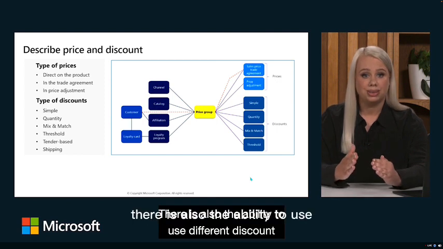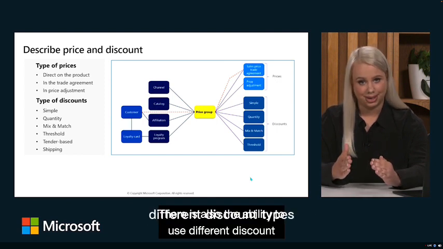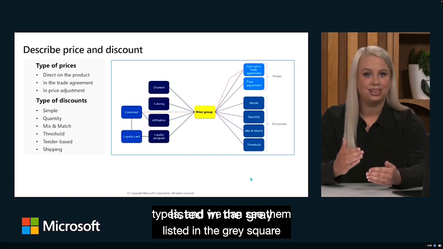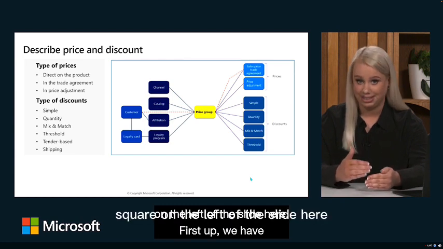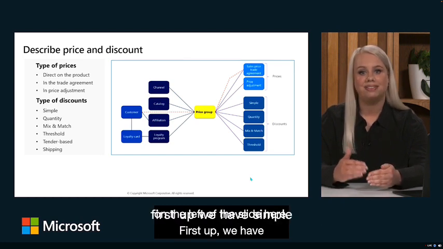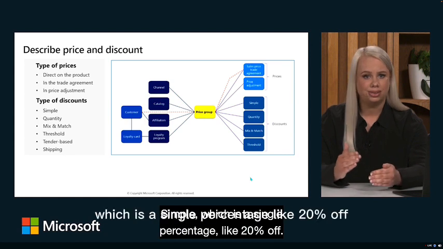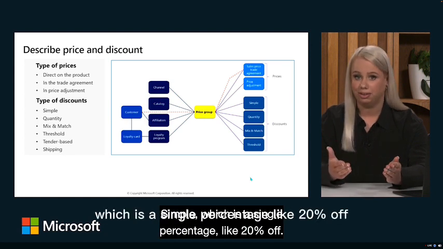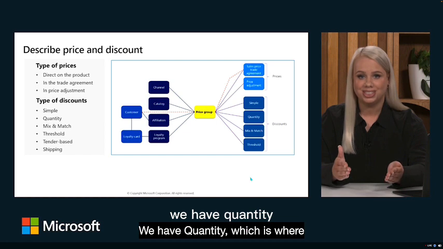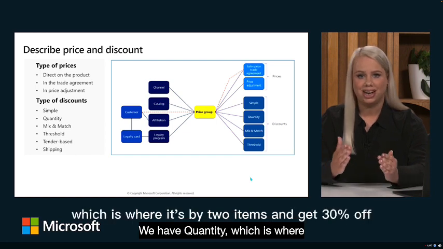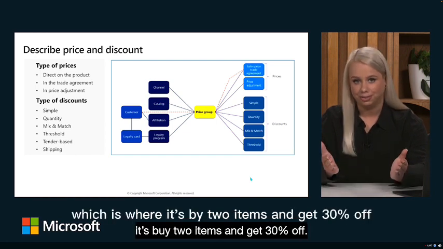There is also the ability to use different discount types, and we can see them listed in the grey square on the left of the slide here. First up, we have simple, which is a single percentage like 20% off. We have quantity, which is where it's buy 2 items and get 30% off.